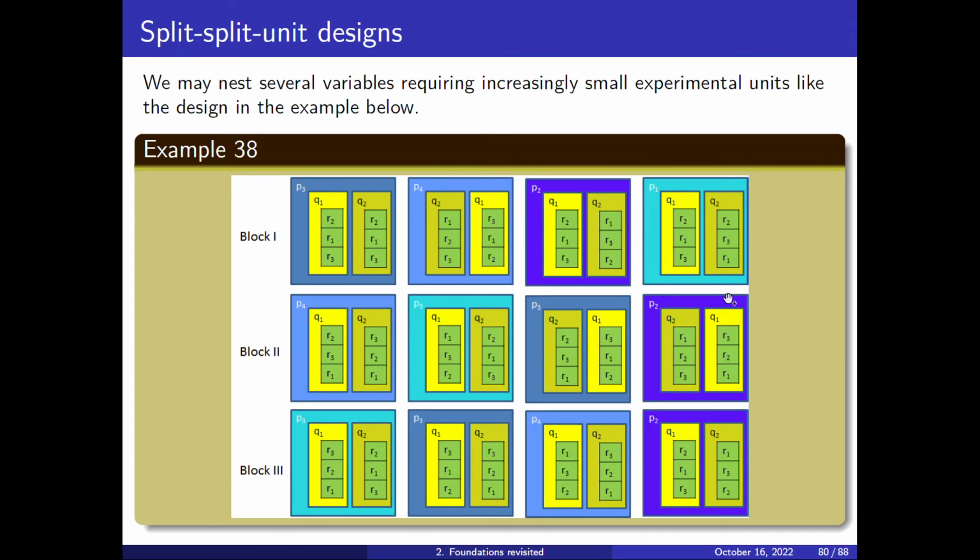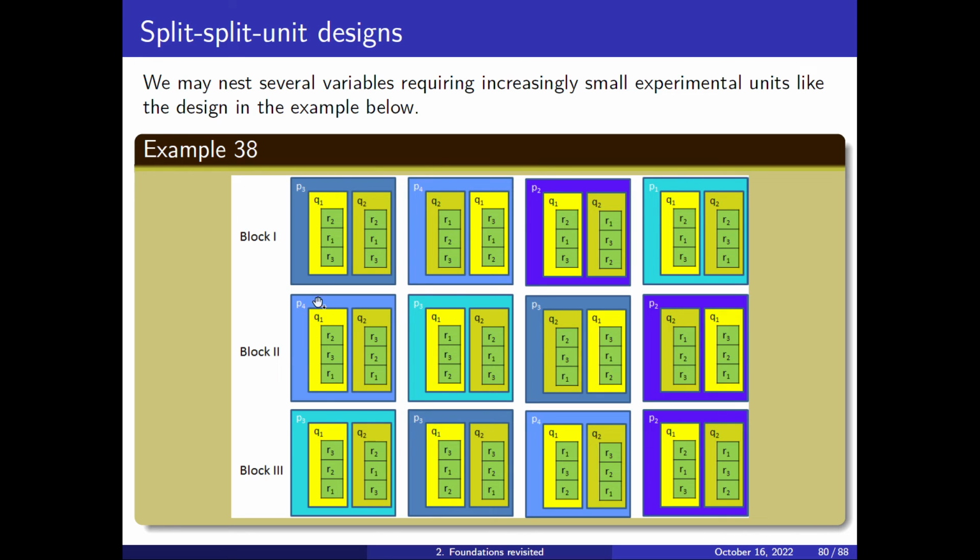You can nest several variables, each one requiring increasingly small experimental units. So you might have multiple blocks, and then you have 3 factors, P, Q and R, and each one is larger than the next one. So for instance, here you have P3, P4, P2, P1.